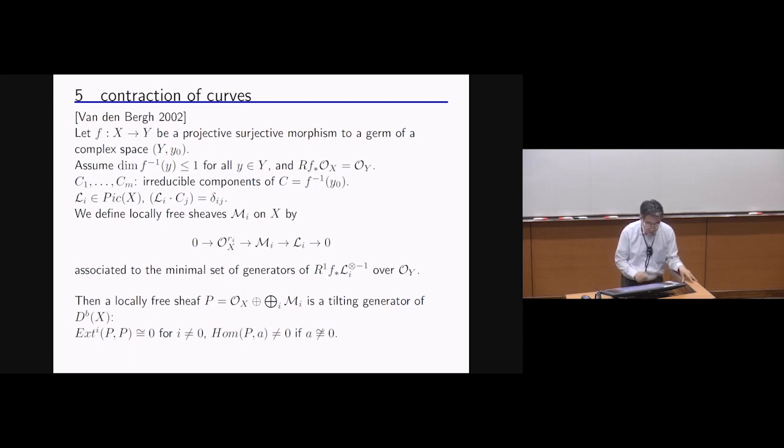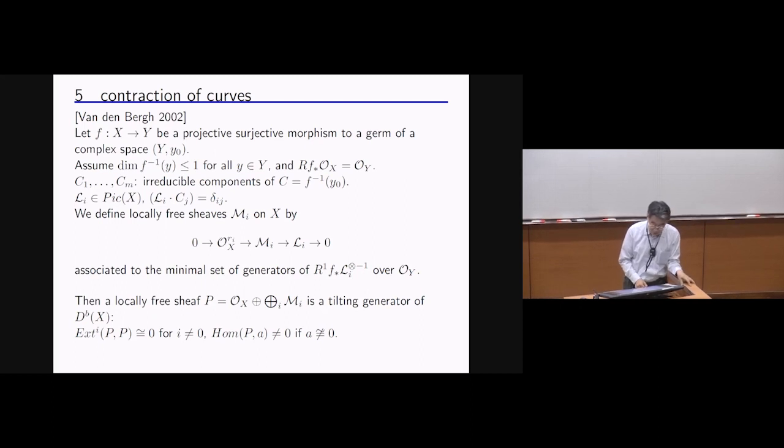And let us take line bundles which intersect these curves with these Kronecker symbol numbers. And then these Li are nef line bundles, I mean not ample.